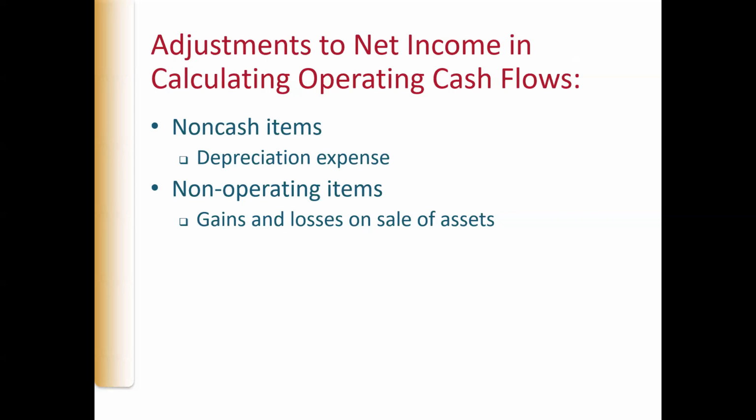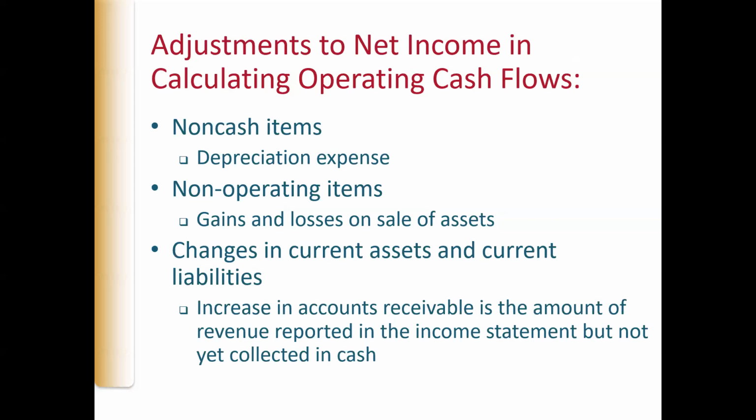Because we start with net income, which is part of operating activities, we are going to add or subtract the gains or losses from selling assets, because we want to arrive at the net income from operating activities. That would skew the actual operating activities, because the net income would include any gain on sale of assets, which would be included in the investing portion of the statement of cash flows.